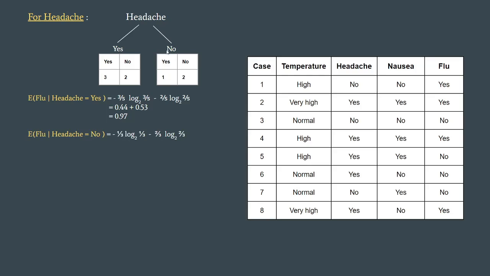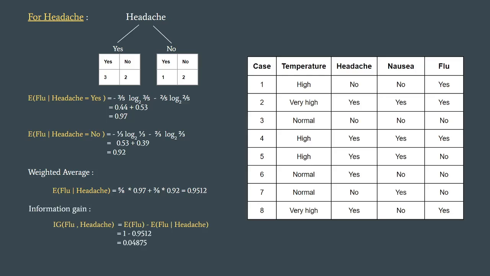This is for when headache is no and class is yes, and this is for when class is no and headache is no. After solving this, we get 0.53 plus 0.39, which is 0.92. The weighted average of entropy of flu for headache is 5 by 8, because we have 5 yes values (3 plus 2) for headache, into 0.97, plus 3 by 8 into 0.92, which is equal to 0.9512.